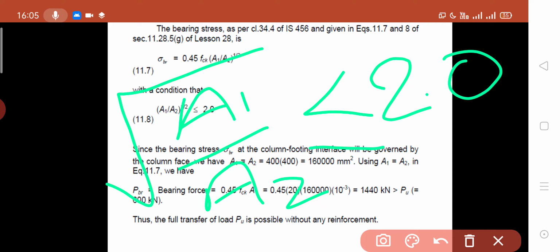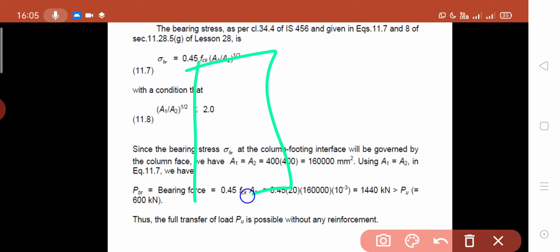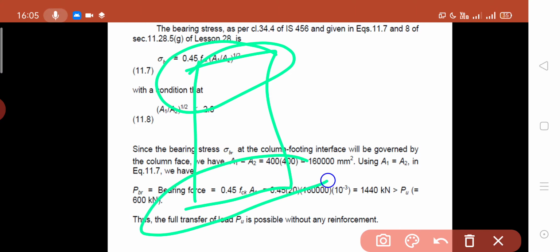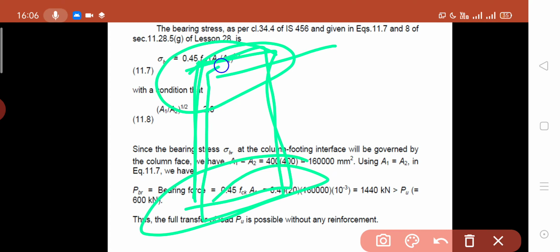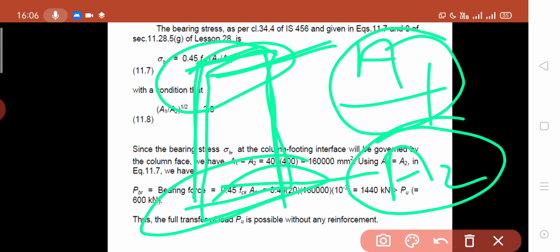Since the bearing stress at the column footing interface will be governed by the column face, this is the column, and this is the part A1, A2. The column is a square column, so this face area A1 and this face area A2 are equal.